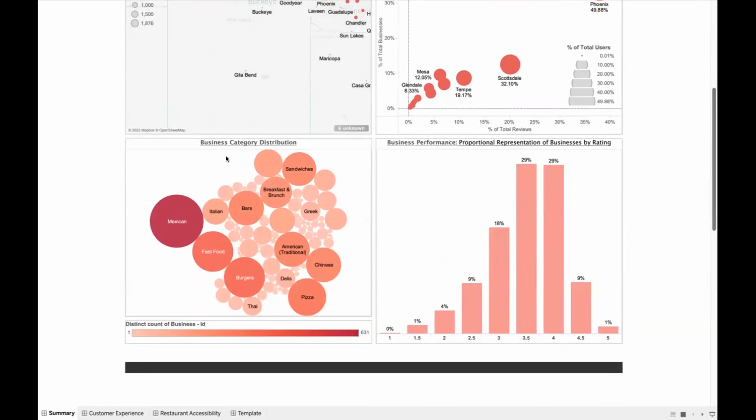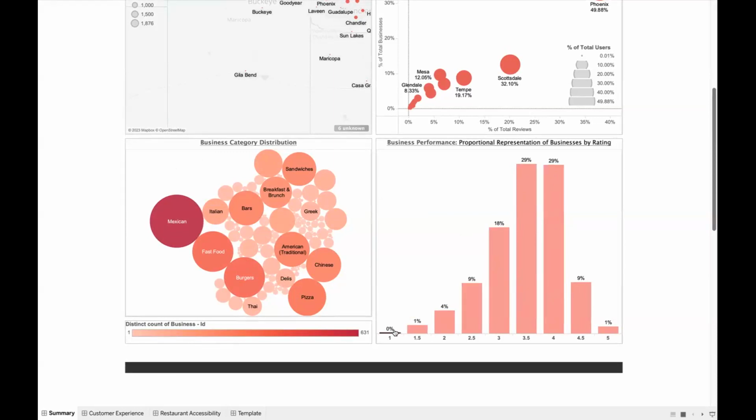Then talking about business category distribution, overall in Arizona, we have a large number of Mexican restaurants, fast food restaurants, American, Chinese, all of these restaurants. So they have a good distribution of categories available. And looking at the stars, almost 60% of the restaurants fall under a 3.5-star or 4-star rating.